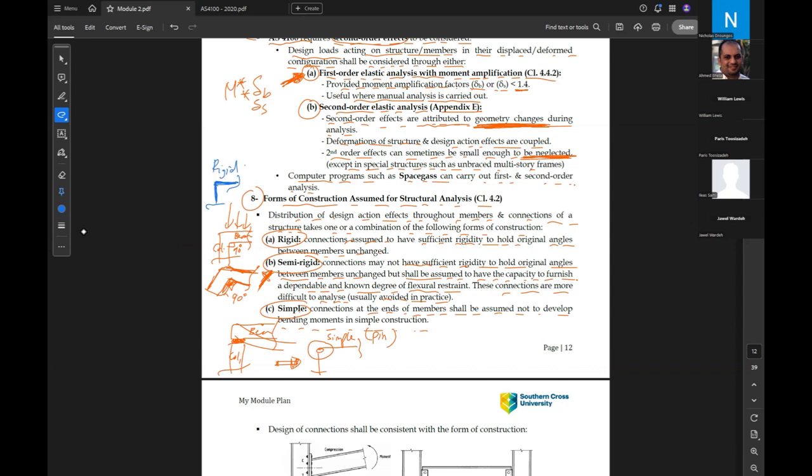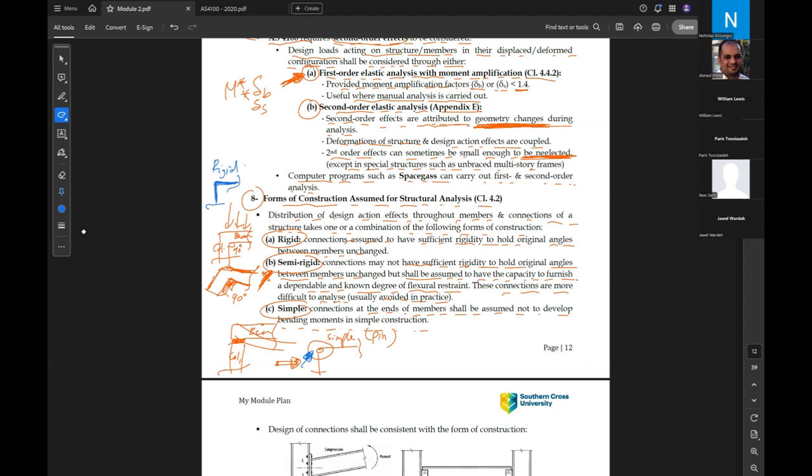Okay, so for the rigid connection, the two members are connected together and share the stiffness, and the angle remains the same after deformation. But for the simple connection, each member can rotate separately, and the structural representation of it is hinged like that.